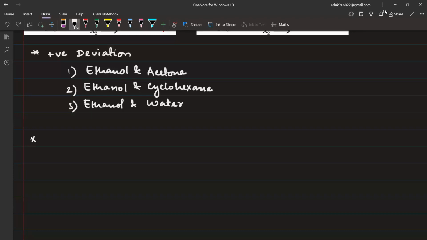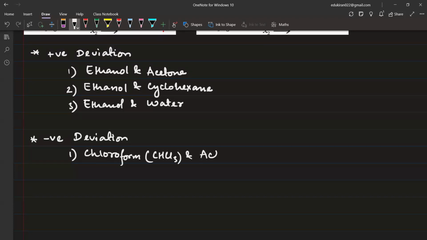Next is negative deviation. The first important example is chloroform and acetone, that is CHCl3 and acetone. Acetone has CH3, C double bond O, CH3.